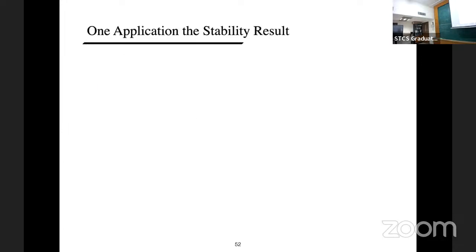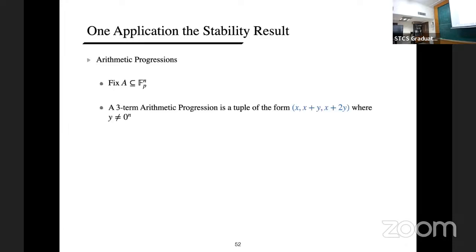So, I'll just take one application of this stability result, and this is related to arithmetic progression. Fix F_p^n for some prime p, and fix a subset A of that. A three-term arithmetic progression is a tuple of the form x, x plus y, x plus 2y, where y is non-zero.